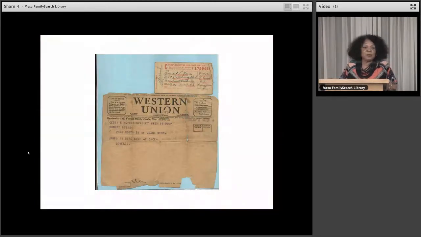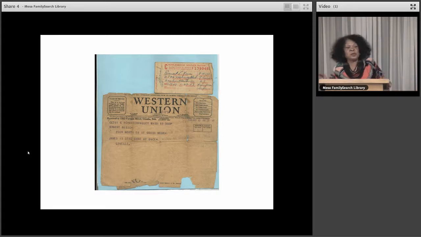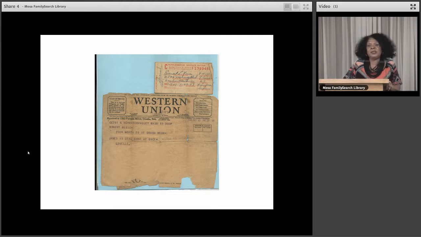More family memorabilia, things that will help you if you run across them. This Western Union telegram from 1936 was coming from my father's older sister to a brother, telling him that one of their brothers was dead. He had been killed in an accident in New York. James is dead. Come home at once. Lavelle.